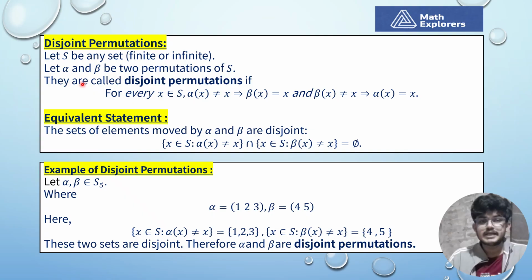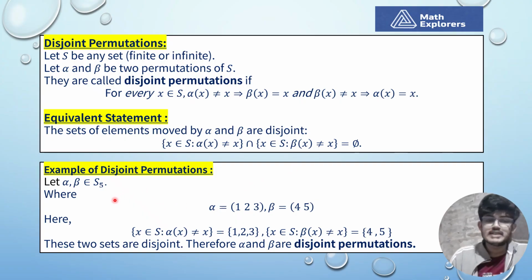Let alpha and beta be any two permutations of S. They are called disjoint permutations if for every x belongs to S, alpha of x not equal to x implies beta of x equal to x, or beta of x not equal to x implies alpha of x equal to x. Equivalent statement: take all x belongs to S such that alpha of x is not equal to x, that is, those elements whose image is not x itself, and collect them into a set. Do the same for beta. If the intersection of the two sets is empty, then they are disjoint.